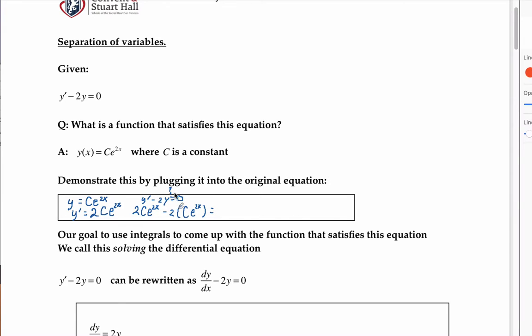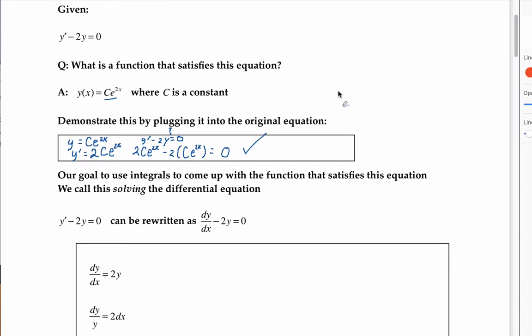Does it in fact equal 0 if we have this? We plug it in. We see, 2c e to the 2x minus 2c e to the 2x does in fact equal 0. It checks out. This is the proper function that satisfies this equation. Try a different function and see it not work. Like try sine of x here and you'll see that it doesn't work.